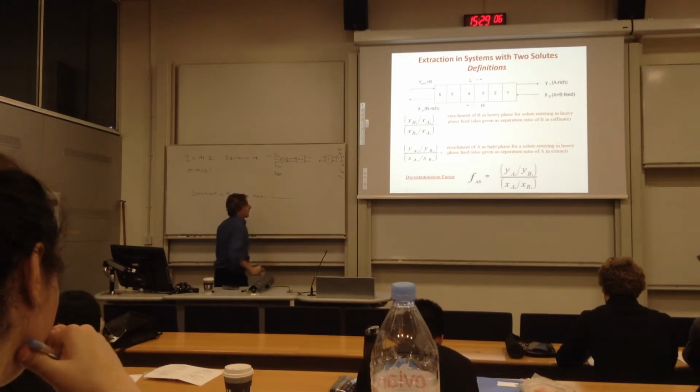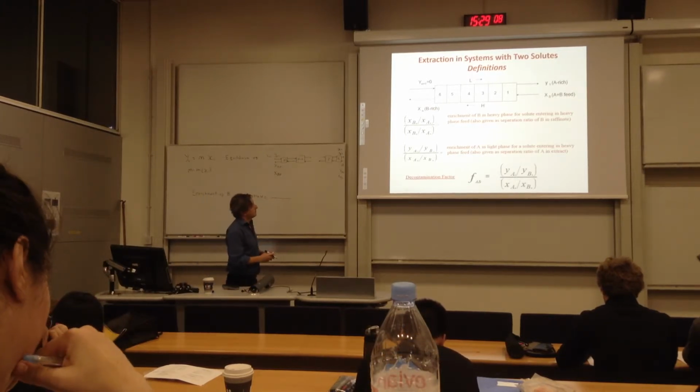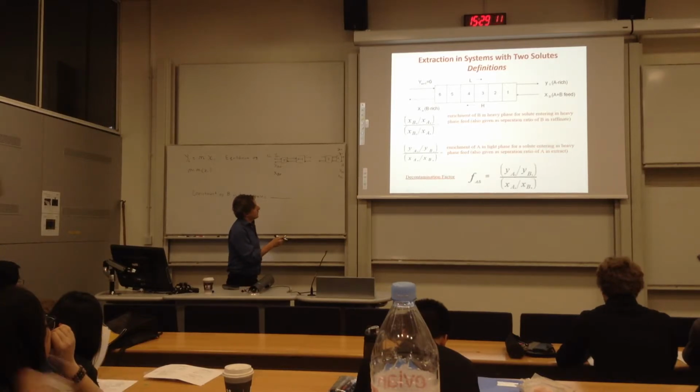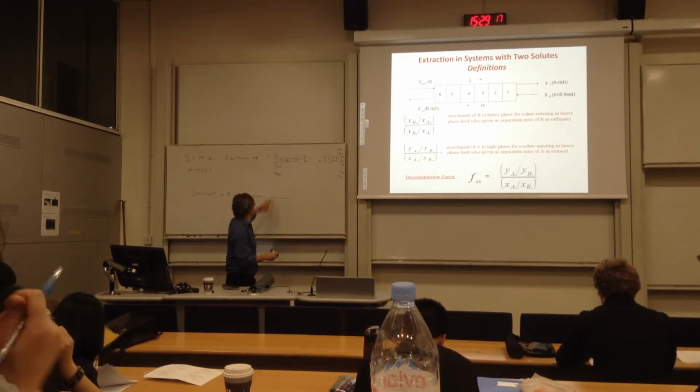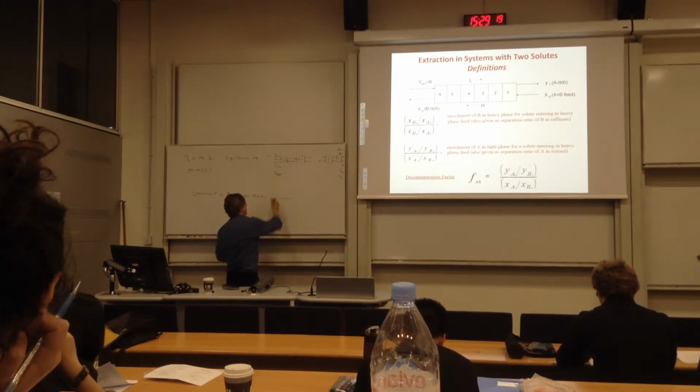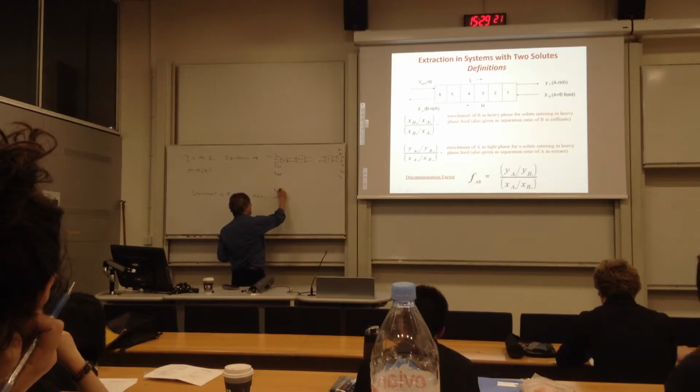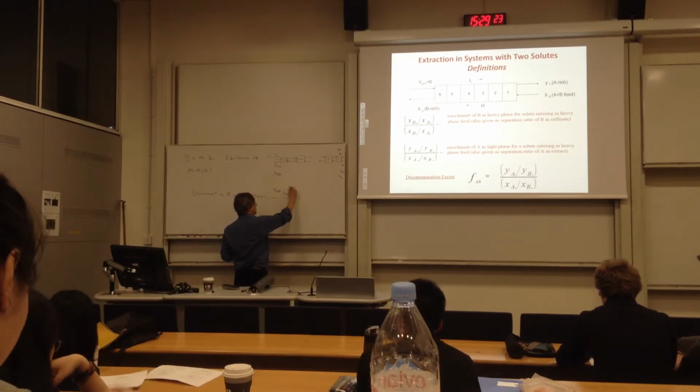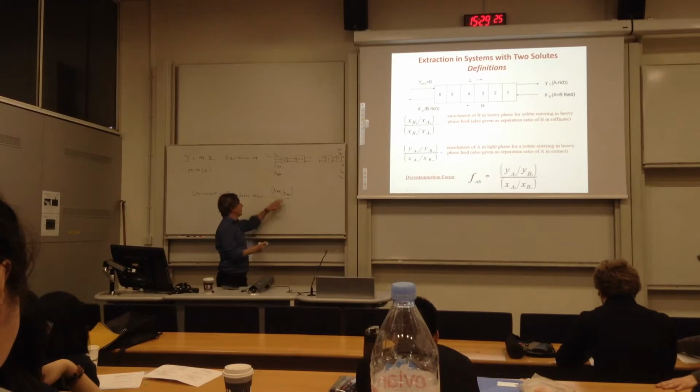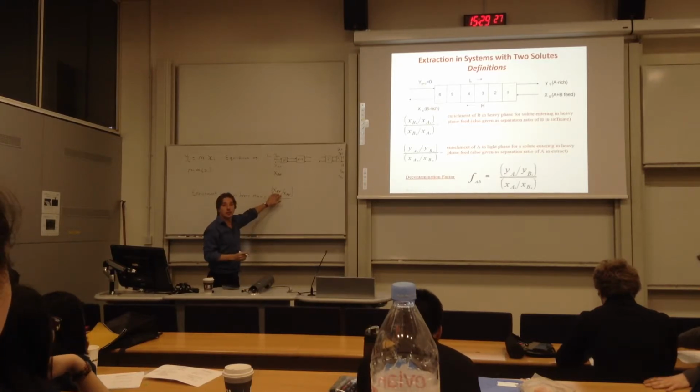According to this definition, we are comparing the ratio between B and A at the exit of the system, XBN over XAN. So this is at the exit of stage N.